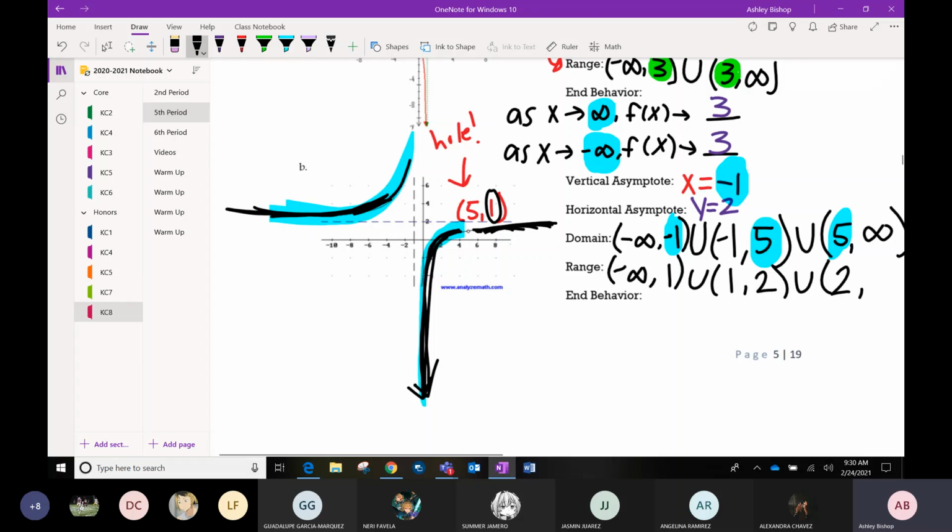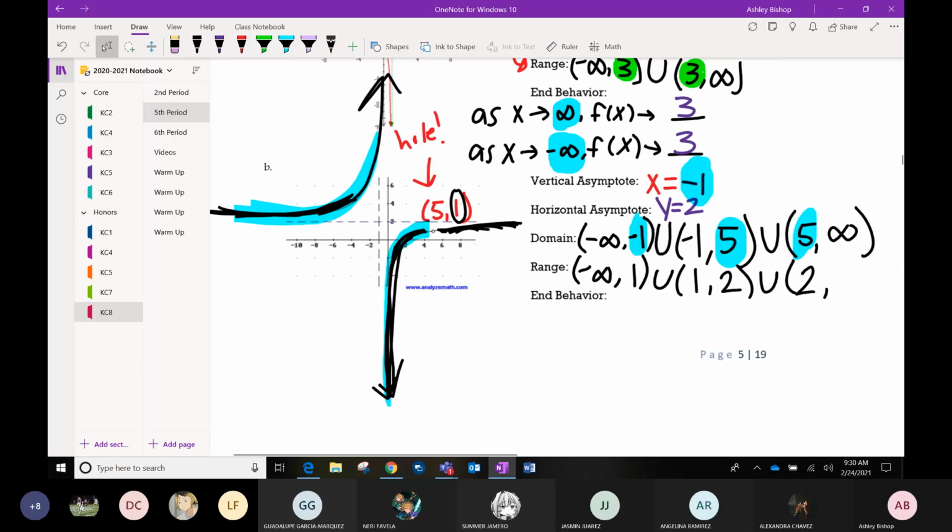And then this end of this graph goes forever up. Forever up means infinity. So your range will still start with negative infinity and end with positive infinity, just like your domain will. But the numbers in the middle will depend on your horizontal asymptote and your holes. Okay, any questions right now?